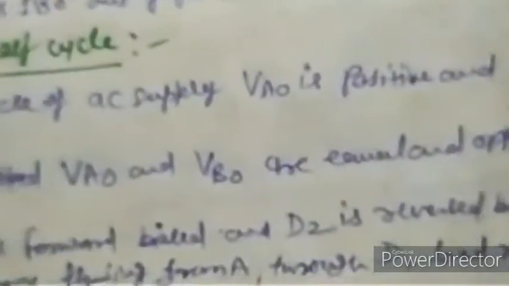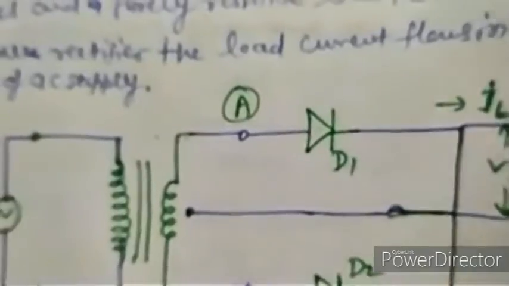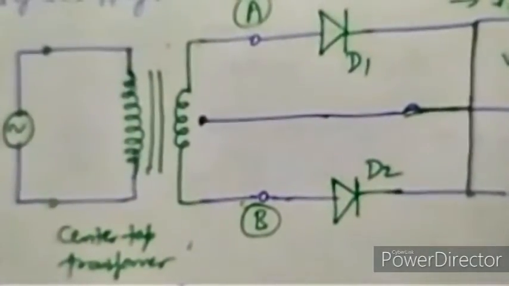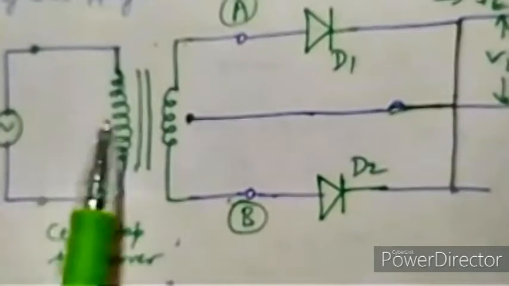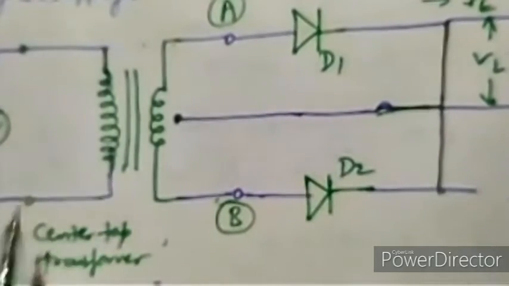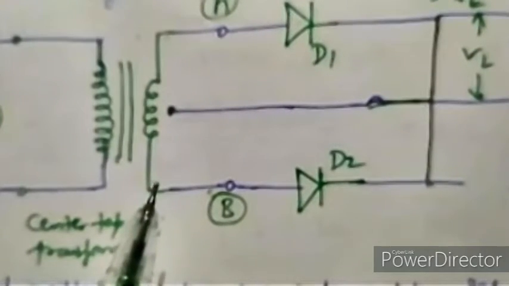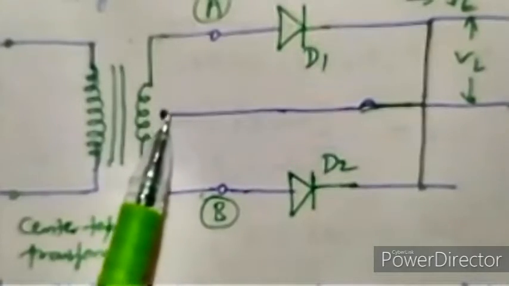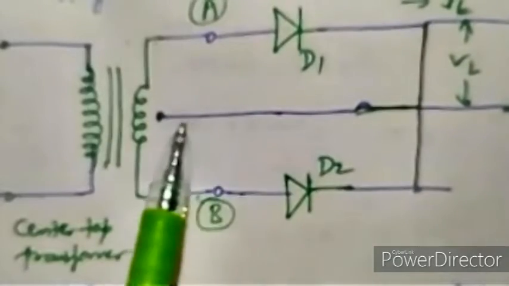Now we'll discuss the full wave rectifier. There are two types of full wave rectifiers, as we have already discussed. Here we are going to discuss the full wave center tap rectifier. It is called center tap because the transformer winding is tapped at the center.